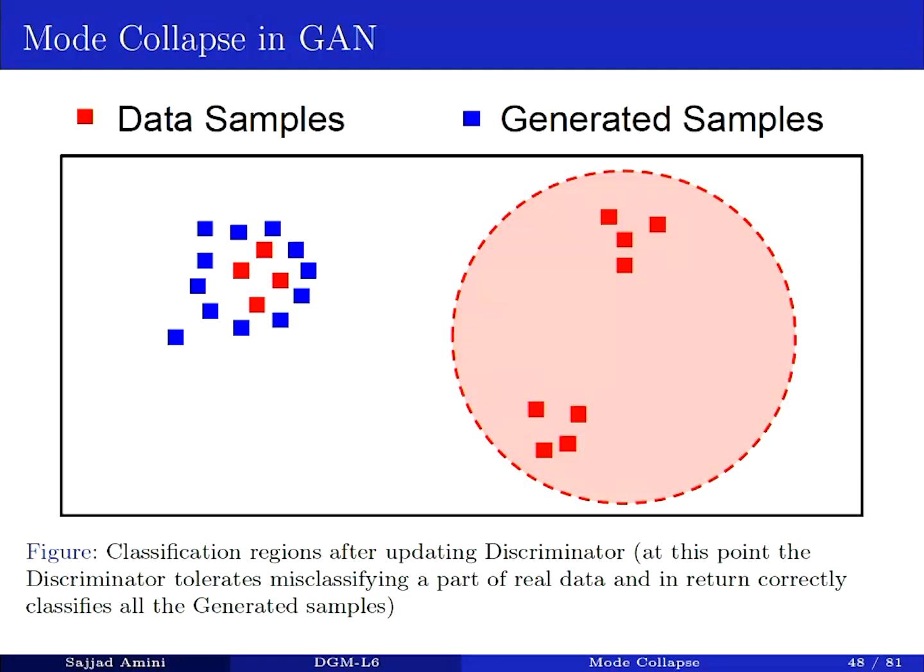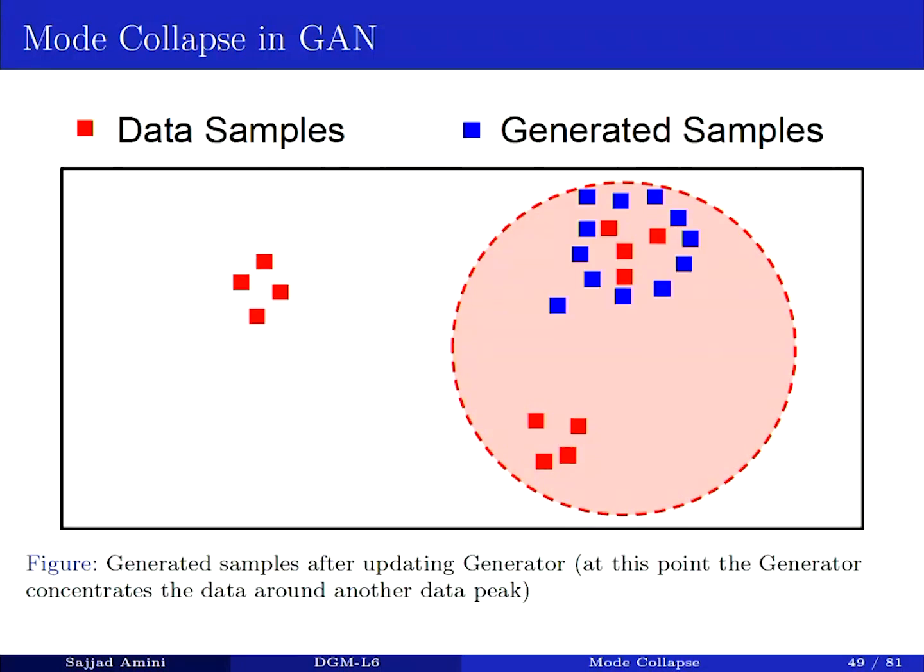The generator here learns to produce its samples around one place, okay? The easiest way to update all of these samples together is by changing some parameters in the neural network. But because the structure of the generator is such that the data is generated in a colony, near each other, all of them together go to another peak of data samples.